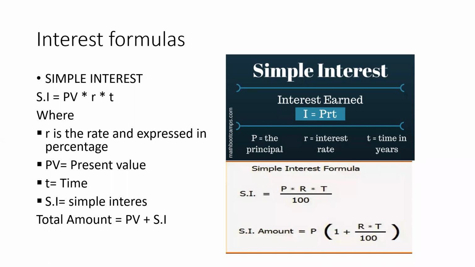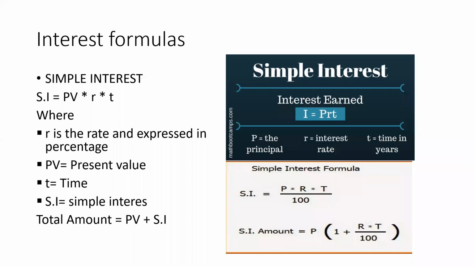So we recall that we said the amount is principal or present value plus simple interest. So at this point, if I'm to relate the principal and the simple interest together, I'll be having something common, and that's the principal. In this course, I'll be using either principal or present value.